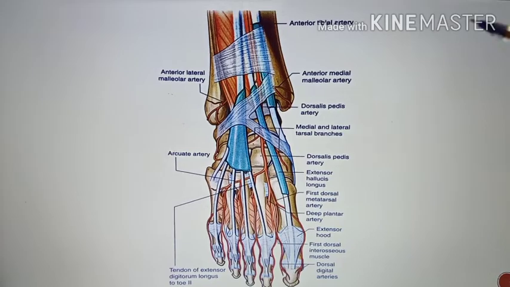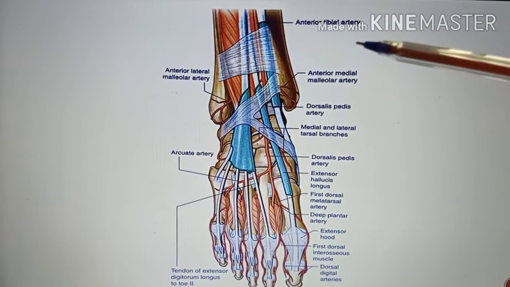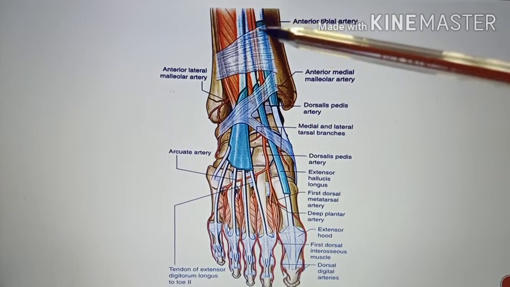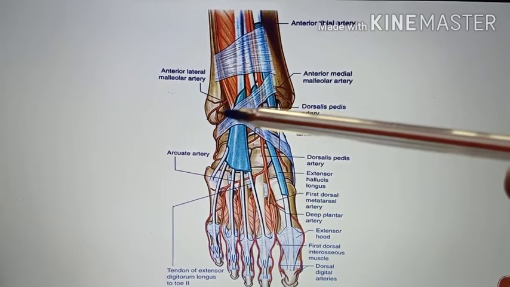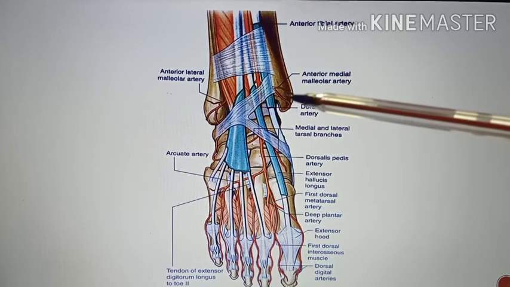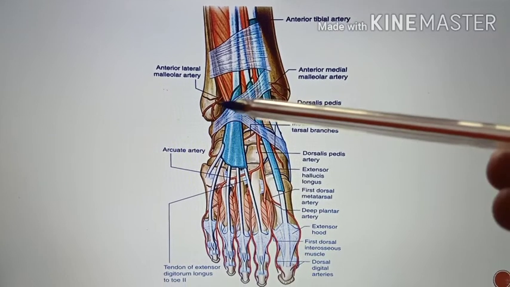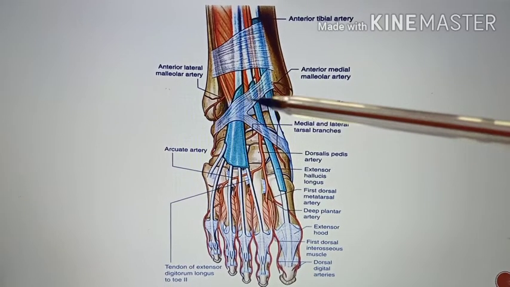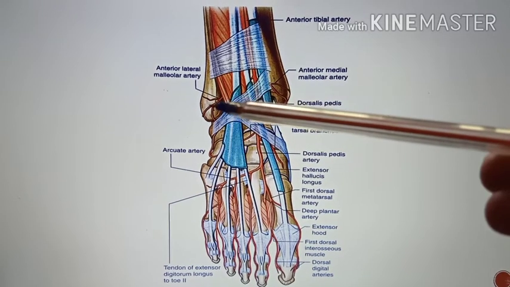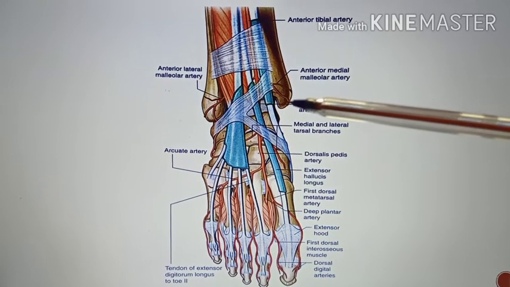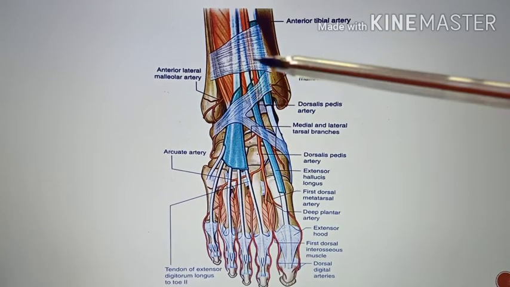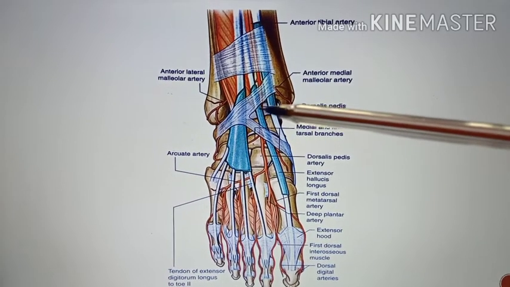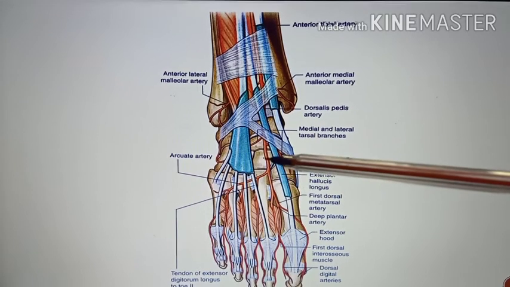This slide will show you where to palpate for the anterior tibial pulse. You can see here this is the anterior tibial artery. This is the medial malleolus, this is the lateral malleolus. At the midpoint of the medial malleolus and the lateral malleolus, the anterior tibial artery continues as the dorsalis pedis artery.